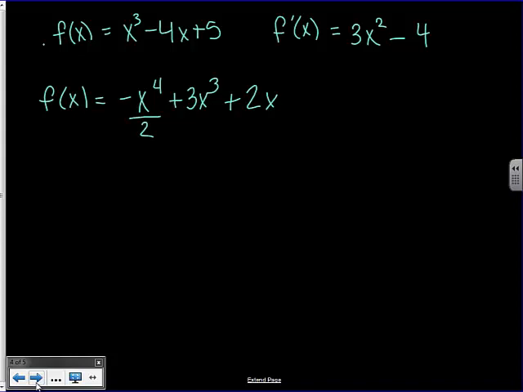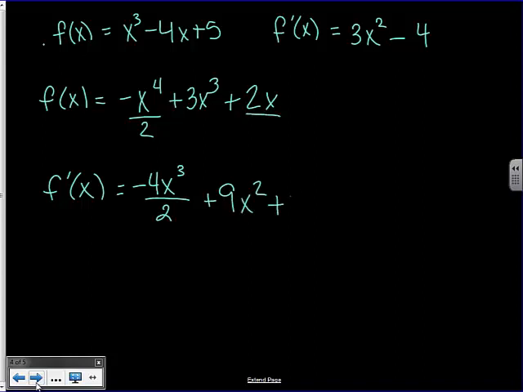So again, f prime of x, I'm going to bring down my 4, so negative 4x cubed divided by 2, because again, remember I brought my power down in front, took away 1. Plus 3 times 3, bringing my power down, so that's 9x squared, and then plus 2. Let's simplify a bit. Negative 4 divided by 2 is negative 2, so negative 2x cubed plus 9x squared plus 2.